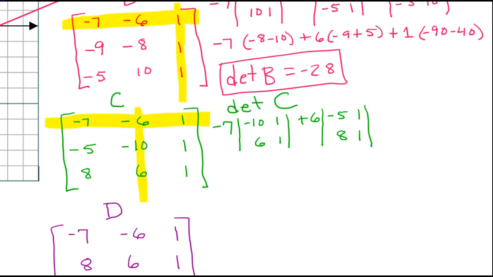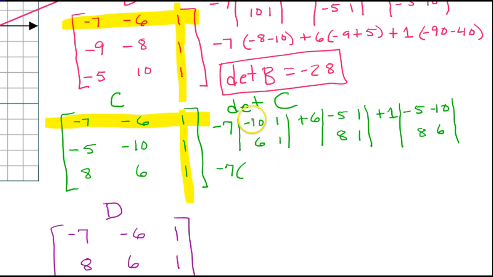All right, and then I move on to the third cofactor, which is 1. I don't change the sign, so I will just put plus 1 times the minor determinant, which is negative 5, negative 10, 8, and 6. Now I just start calculating this thing out.